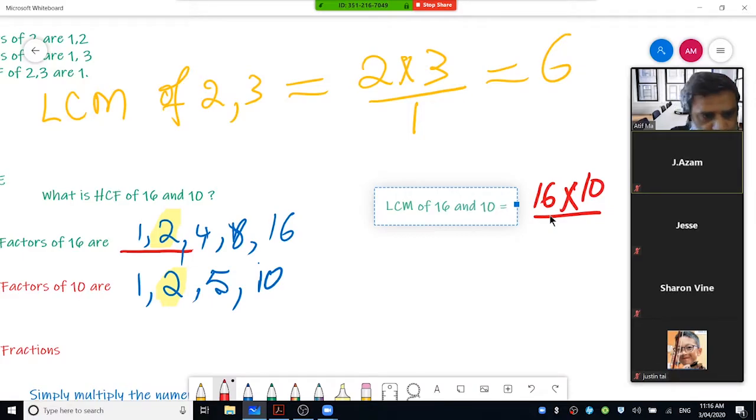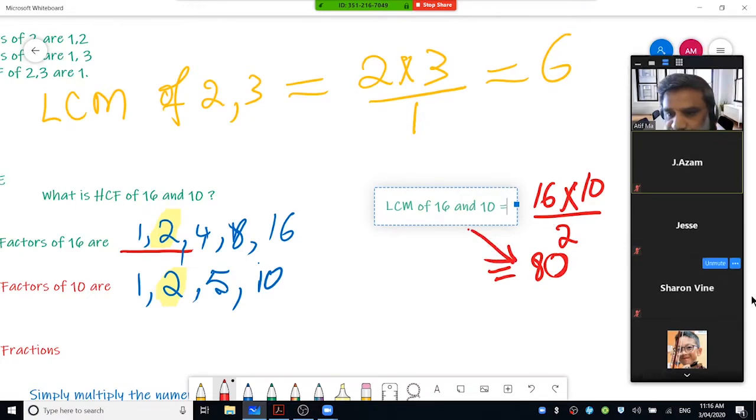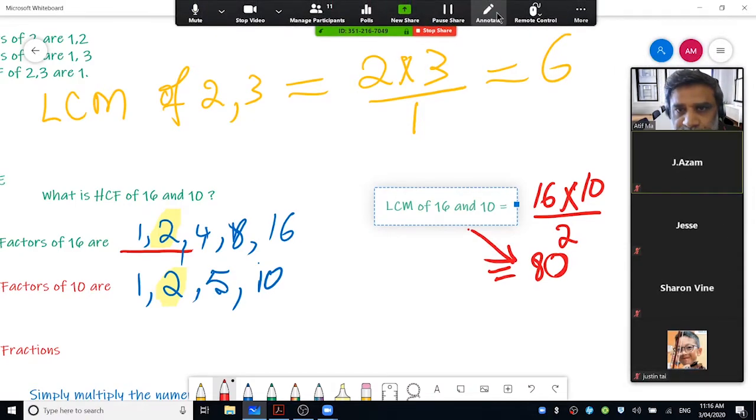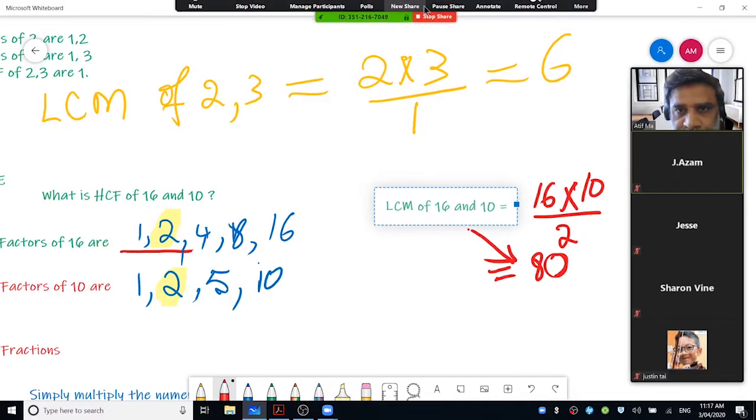The common factors are 1 and 2, so the highest common factor is in fact 2. So that becomes 80. So the LCM of 16 and 10 is 80. I hope you understand that. Kindly type if you have understood.